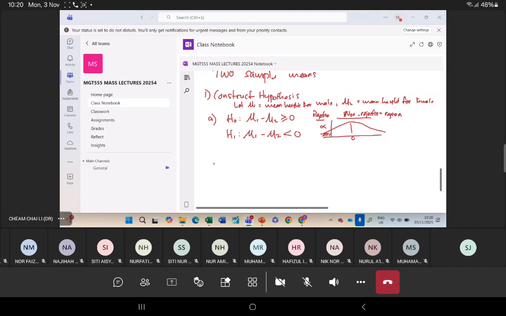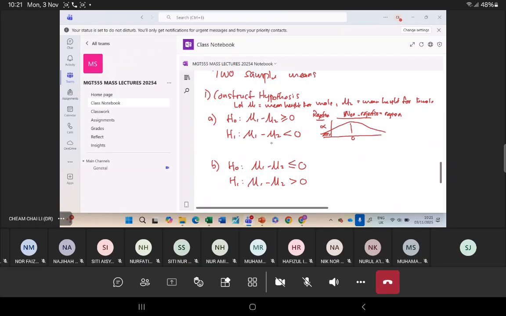Okay, second scenario is the other way around. You can have mu1 minus mu2 is less than or equal to 0, right? And then since you write this in your null hypothesis, you put it this way in your alternative hypothesis, so greater than 0. Okay, please bear in mind that the null hypothesis kena ada equal sign.